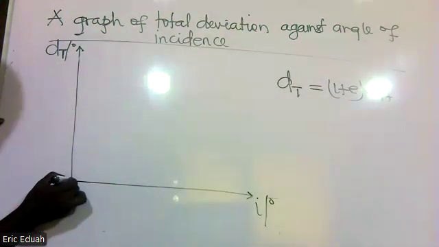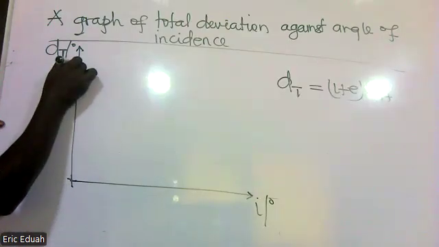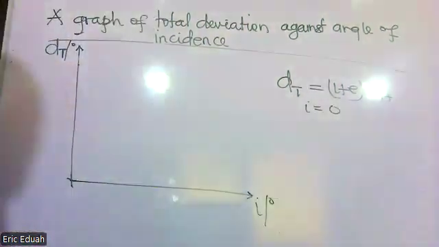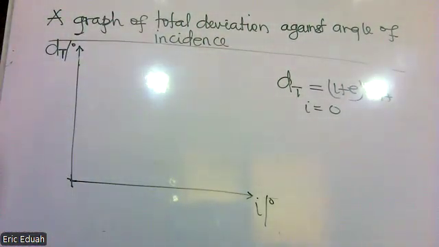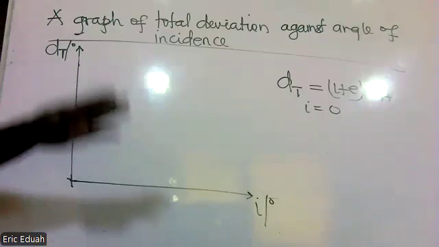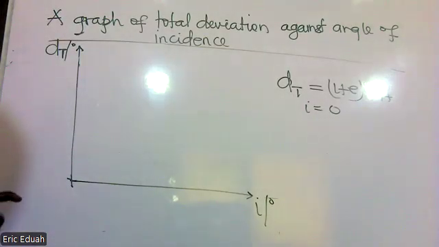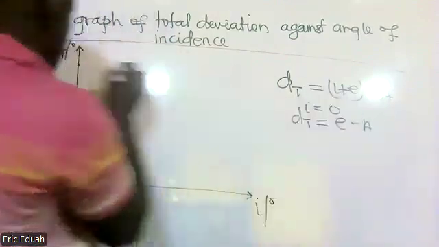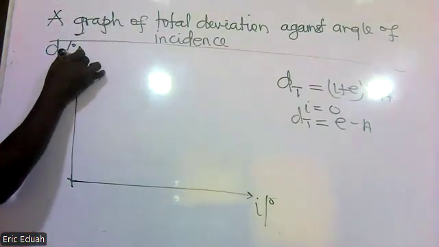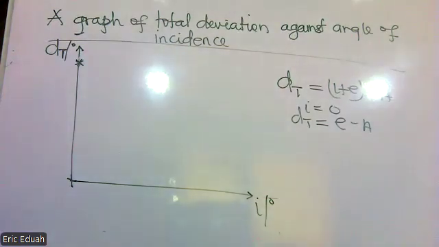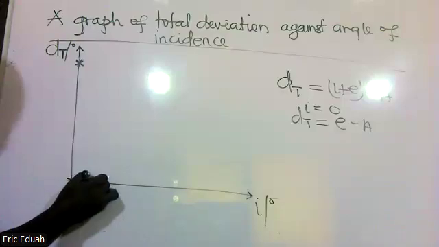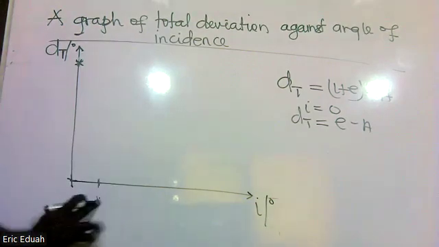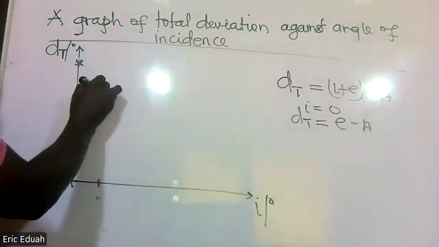So when I is 0, meaning when the incident ray is perpendicular to the refracting plane, we'll have the total deviation being equal to E minus A. So this will give us a maximum deviation when I is 0. As we increase I, you will realize that this will be decreasing.